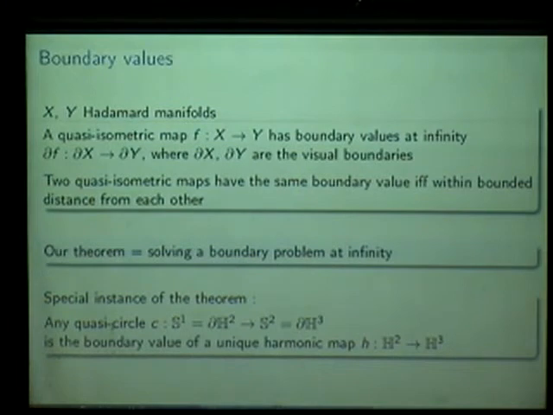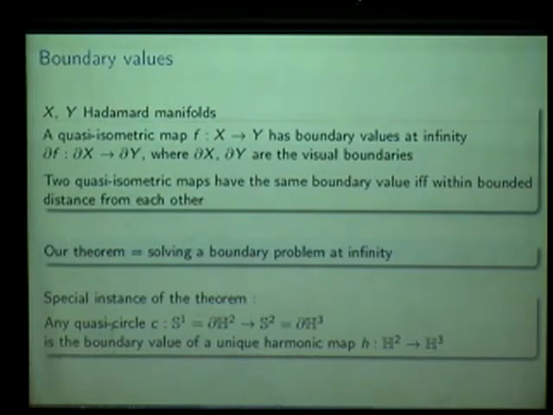But the one I will use today, because it's so convenient, is that a quasi-circle is the boundary value of a quasi-isometric map from H2 to H3. So the map goes from H2 to H3, it's quasi-isometric, and its boundary value goes from the boundary of H2, that's S1, to the boundary of H3.